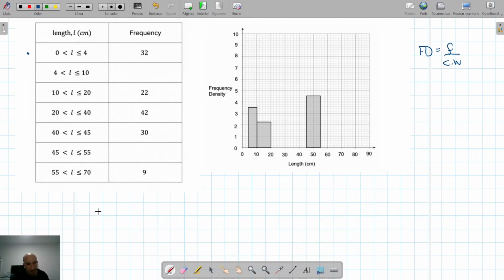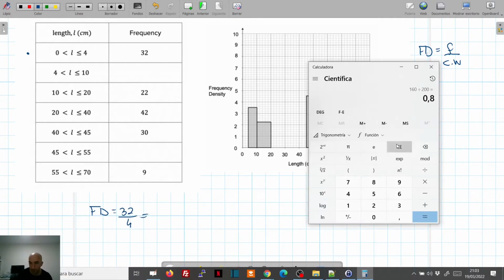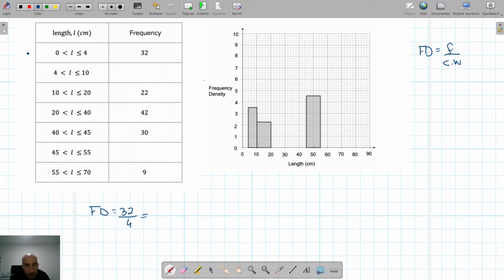The class width there is 4, so the frequency density is going to be 32 divided by 4, which is 8. So if we want to draw this, that's going to be up to 8.